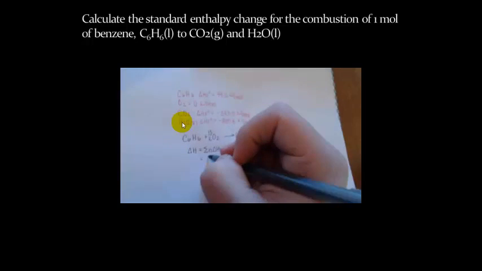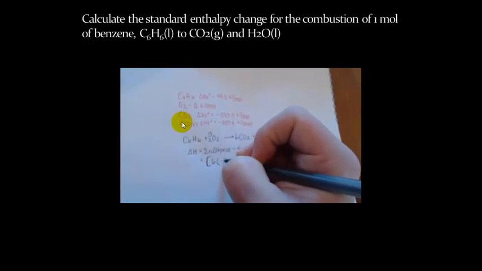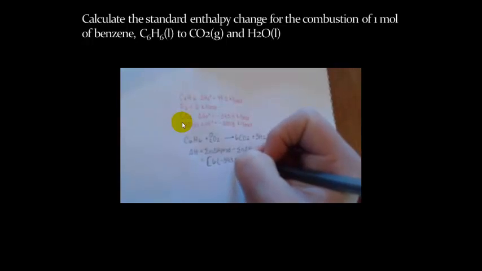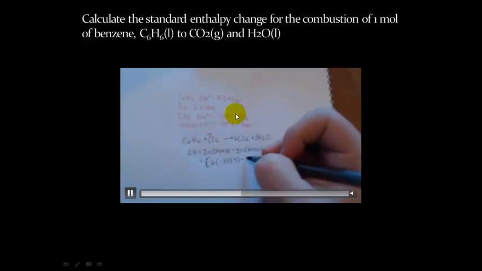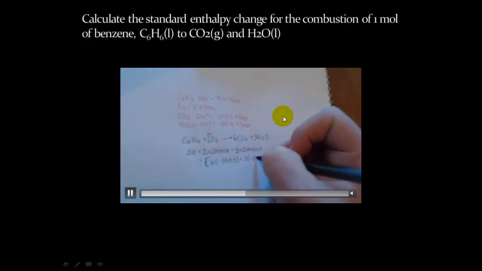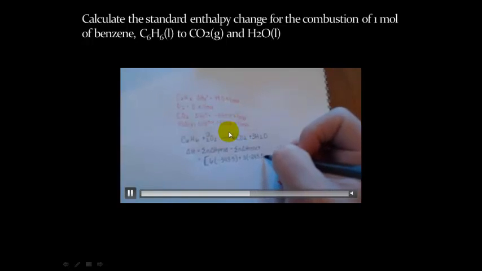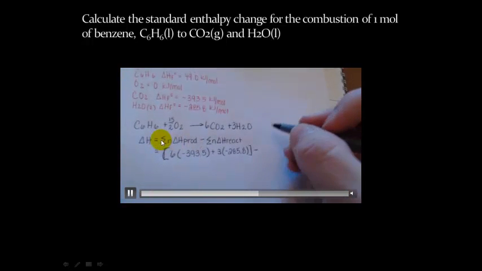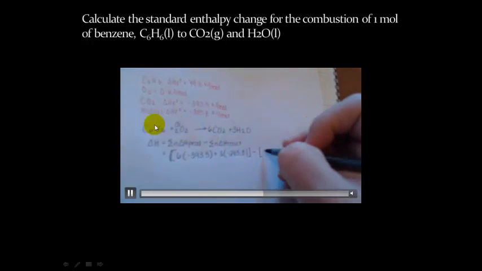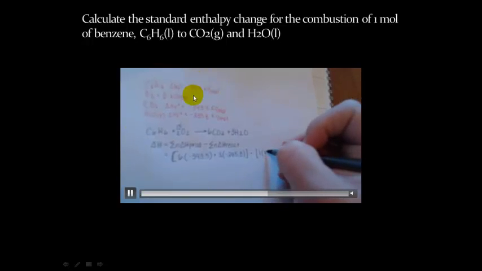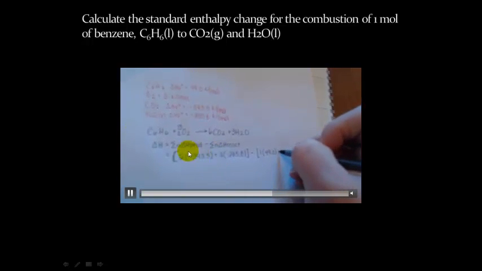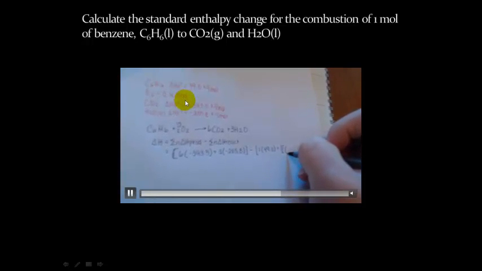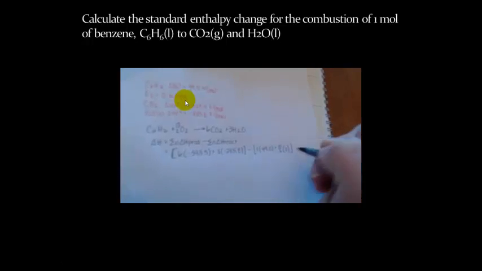So our products are going to be 6 moles of CO2, so 6 times the delta H for CO2, plus 3 times the delta H for water, minus, now we're on to the reactants. So in our reactants we have benzene, and we only have 1 mole, so 49, plus oxygen. And remember, oxygen is found as a gas, so its delta H of formation is just 0.